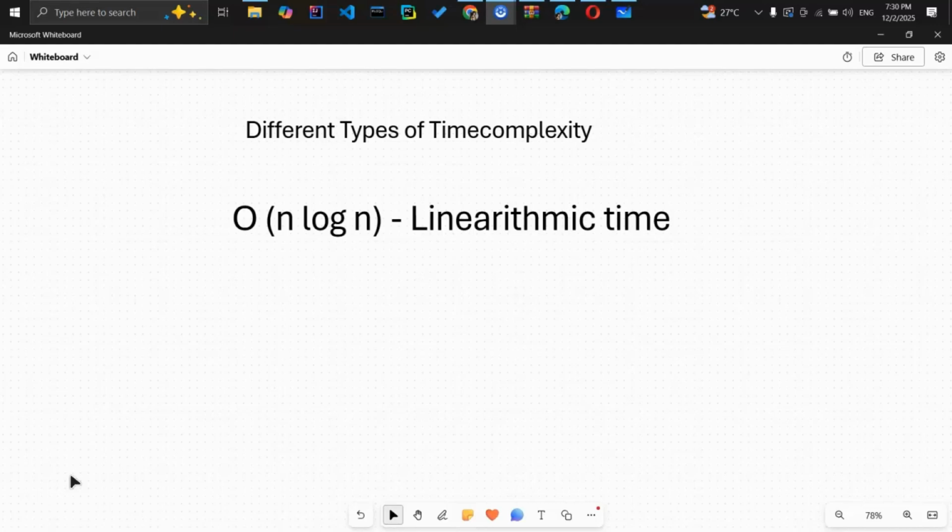You cut a cake into halves, but you still have to eat all pieces. And so the work becomes this. Common examples: merge sort, quick sort, heap sort, many efficient sorting algorithms.